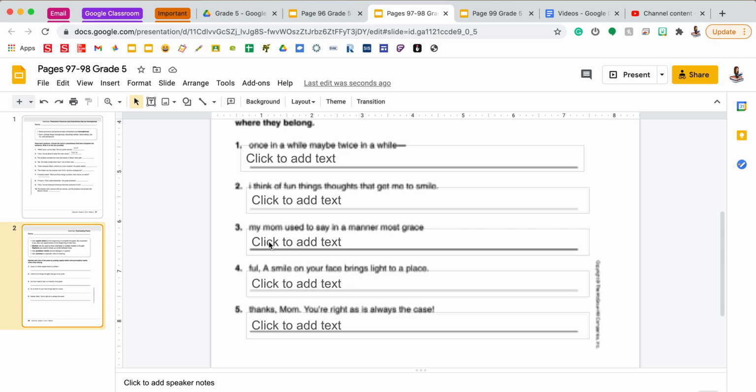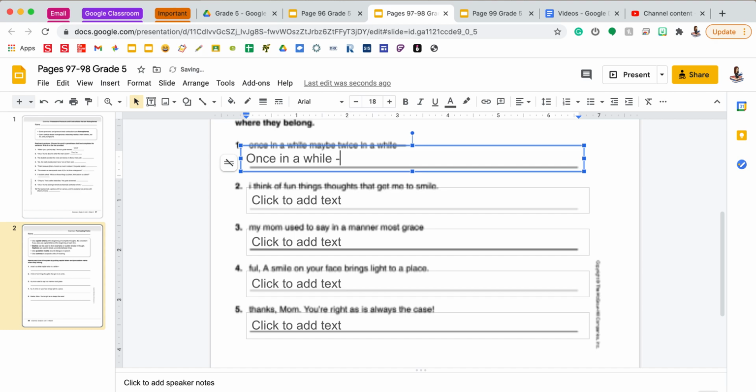If you noticed when I was reading, I had a little bit of a pause between while and maybe. So I'm going to say once in a while, hyphen, maybe twice in a while. I'm going to leave that hyphen at the end.